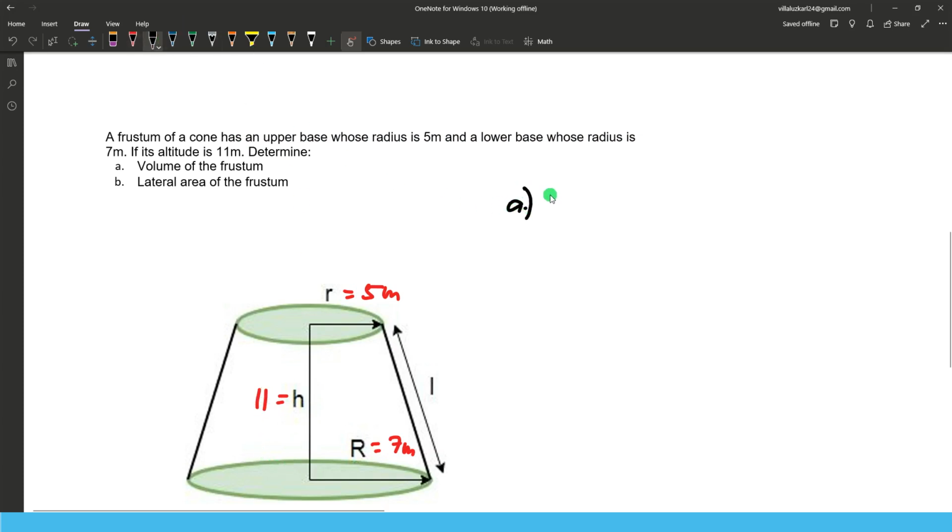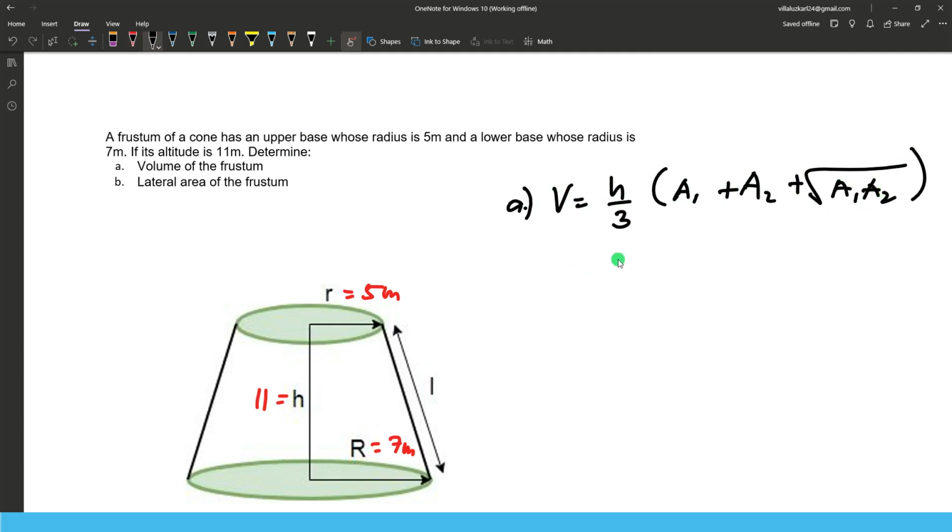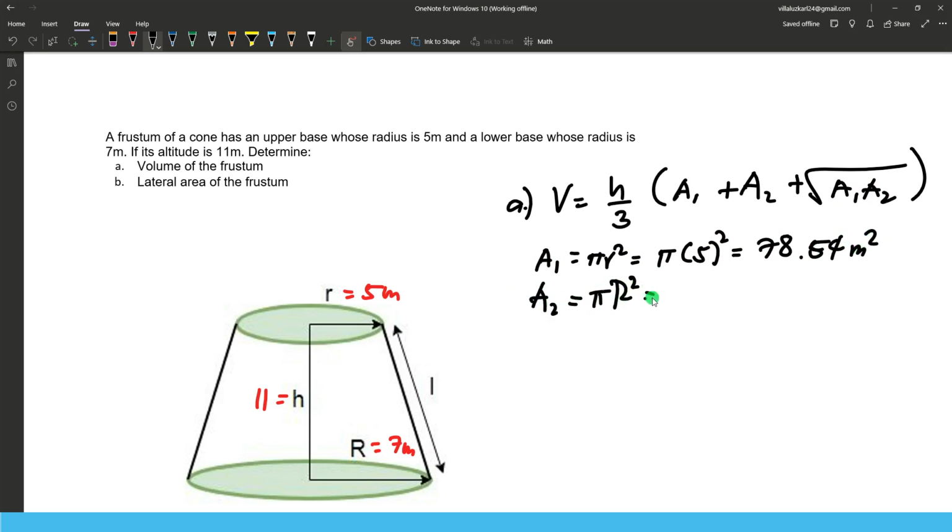For letter A, the volume is equal to h over 3 times area 1 plus area 2 plus the square root of area 1 times area 2. Find the areas. Area 1 is pi r squared, pi times 5 squared, that's 78.54 square meters. For area 2, pi r squared also, pi times 7 squared, that's 153.94.